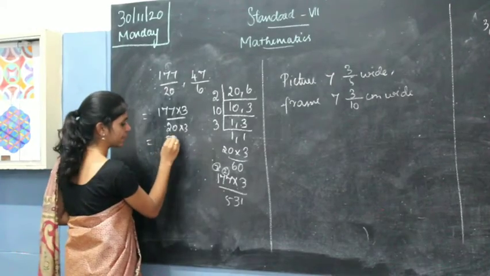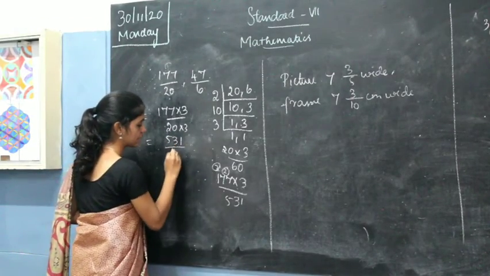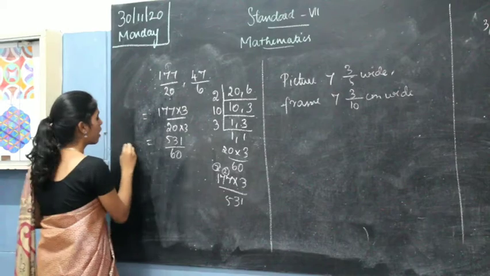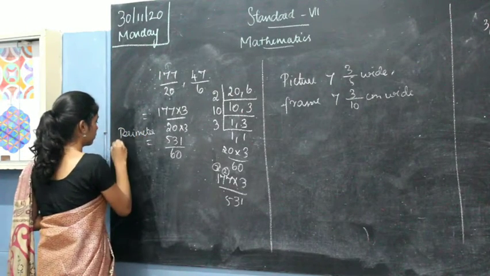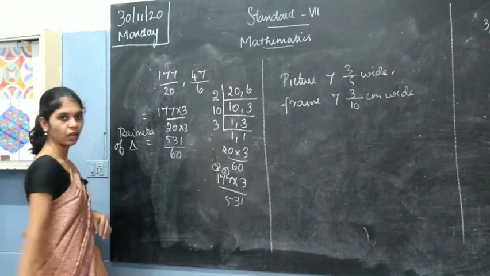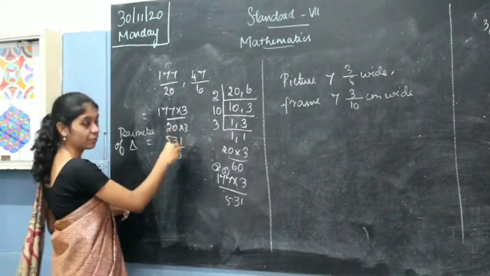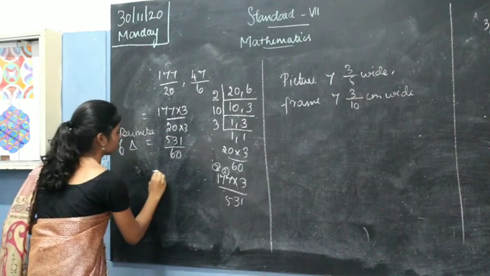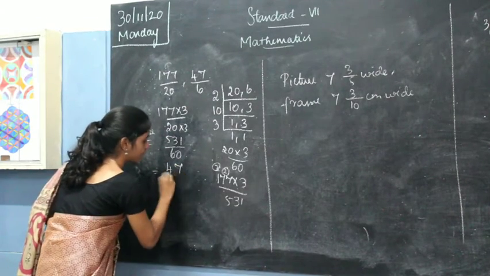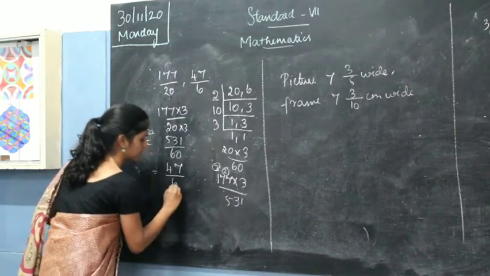Now 531 divided by 60. This is the perimeter of triangle. Now we have to find the like fractioned perimeter of rectangle, which is 47 divided by 6.